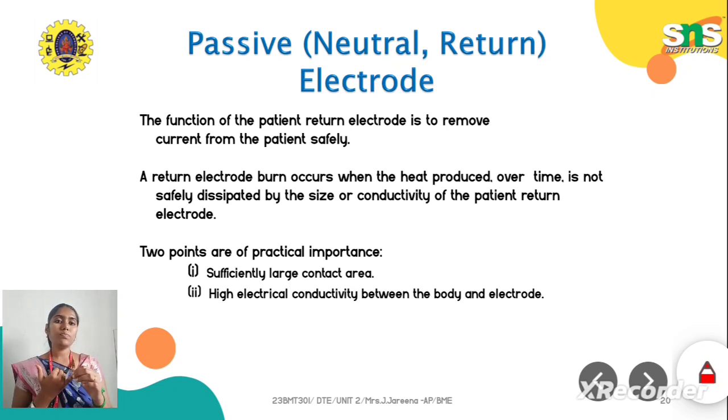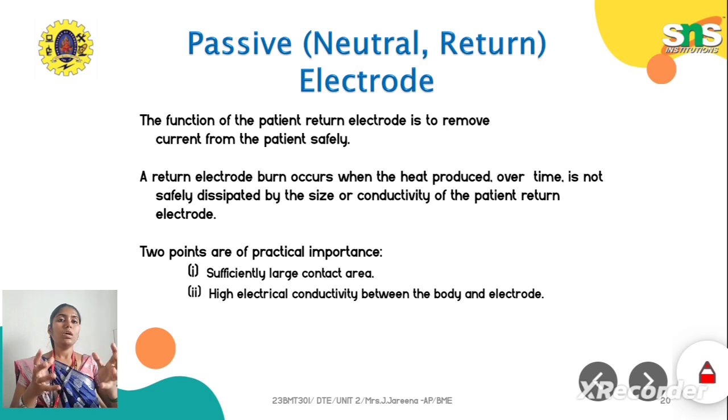The first point is that you have to make a sufficiently large contact area, and the second is that you have to give very good electrical conductivity between body and electrode. These are the two points we have to give more importance to when designing the passive electrodes.